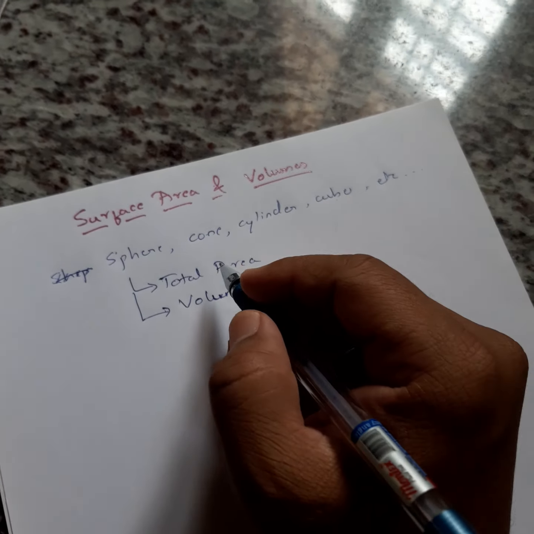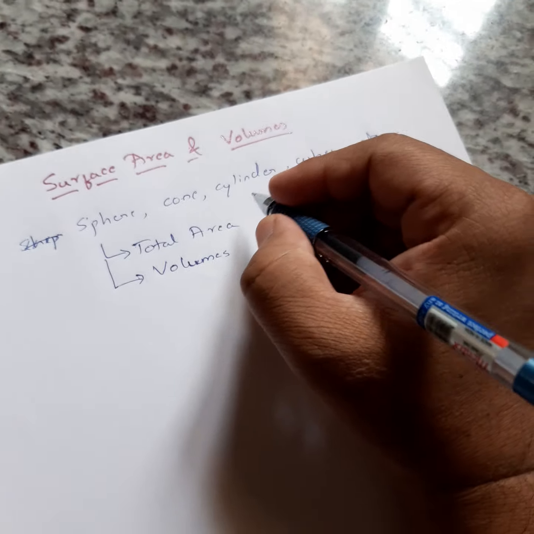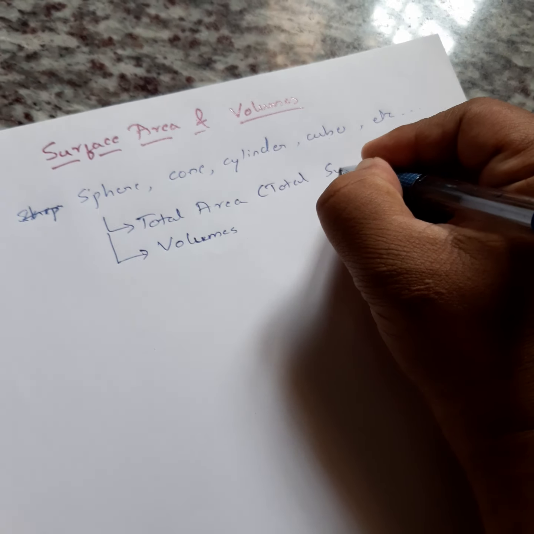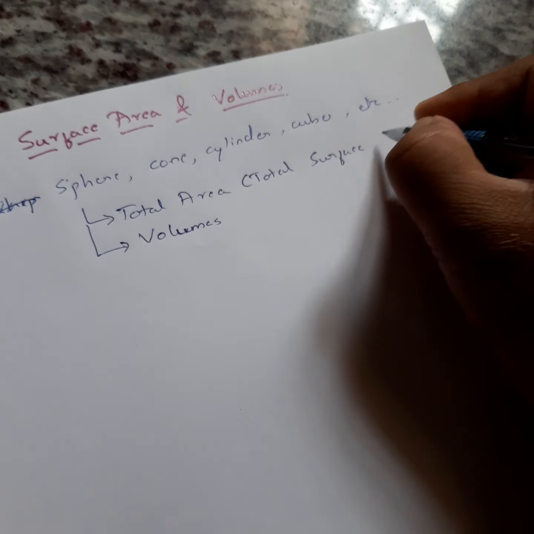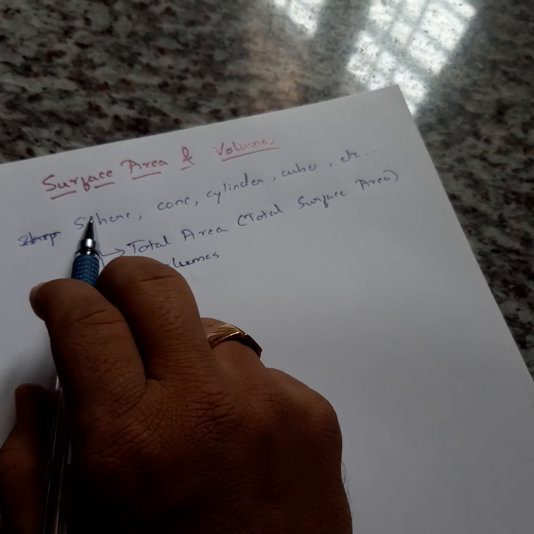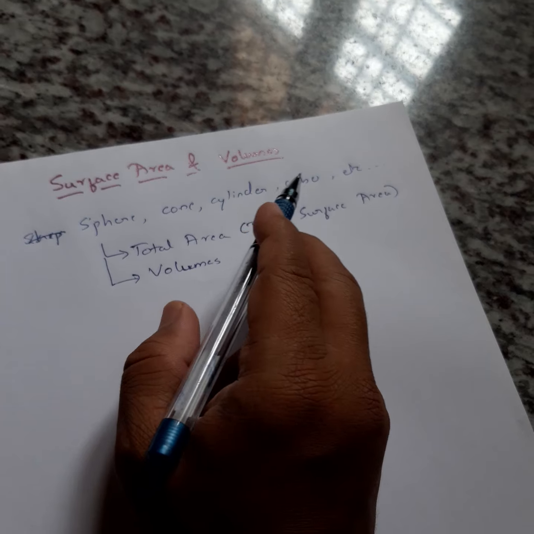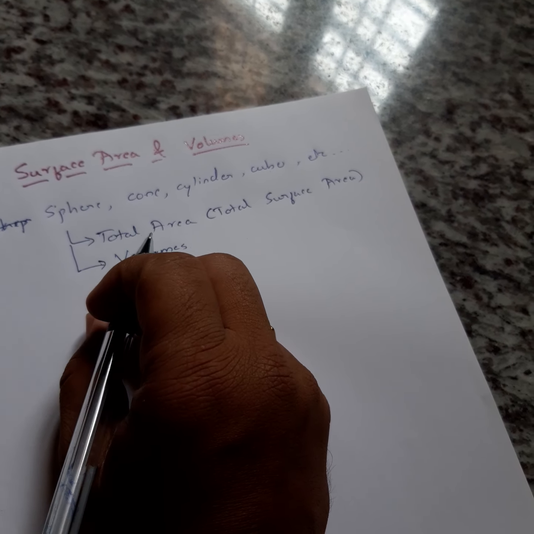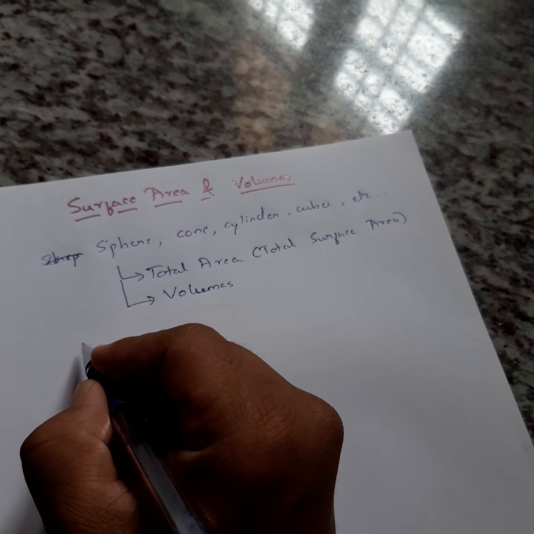So you studied total area, that is total surface area, and the volumes of these shapes, sphere, cone, cylinder, cubes, etc. These are all you studied in your last standard.